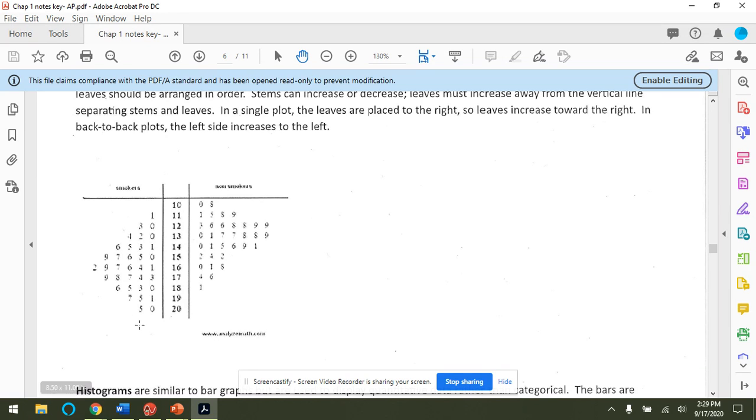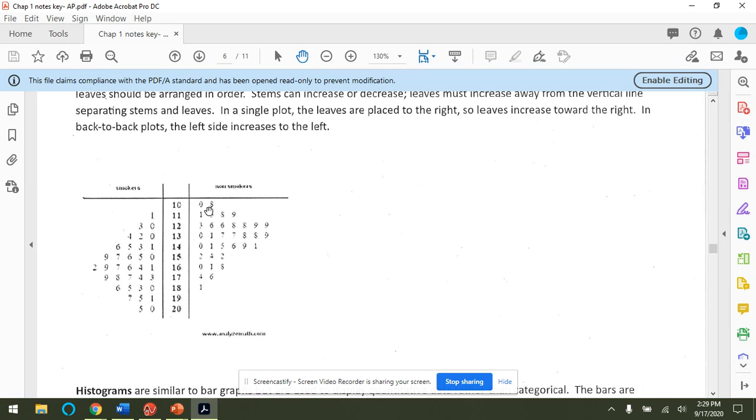Smokers absolutely looks like a normal or a bell shape, okay? Non-smokers, this one is a little wishy-washy. This would be hard to determine. You can't say it's normal and right skew, but you could say this is approximately normal, or you might be able to say this is slightly right skew, although I'd say approximately normal is a better description for it.